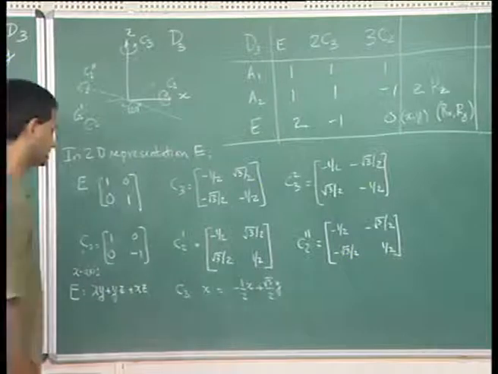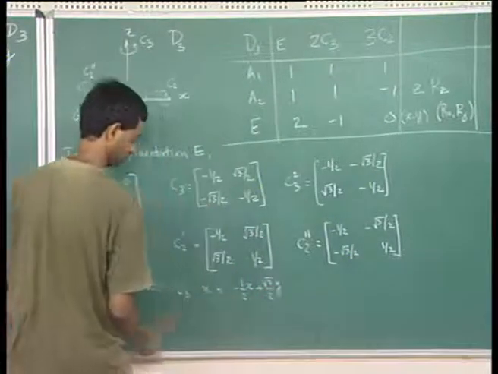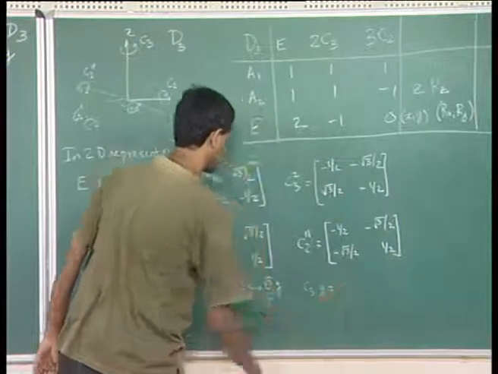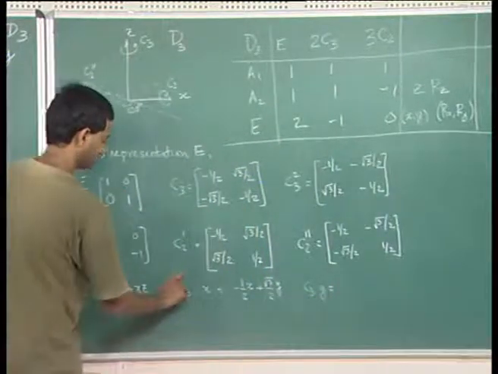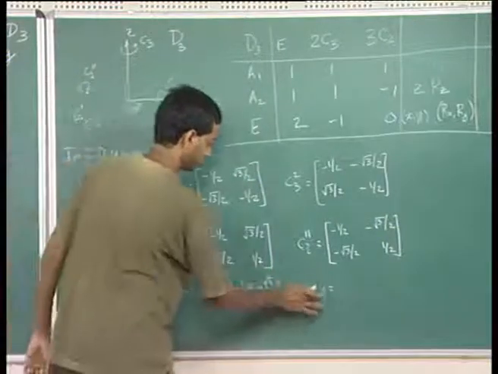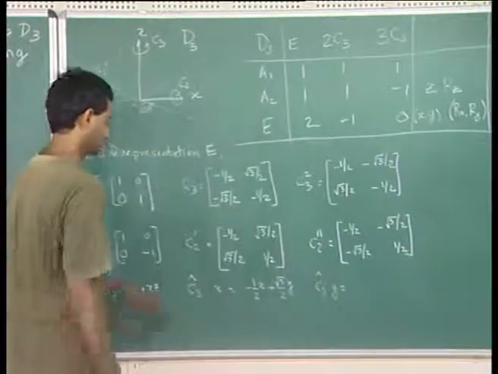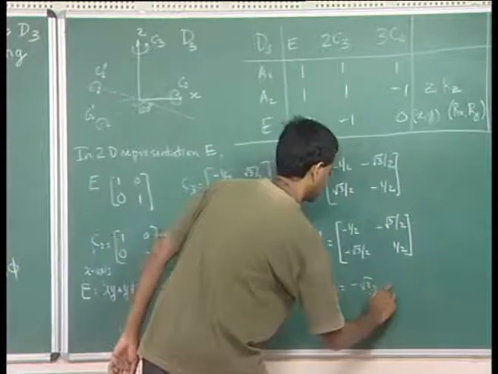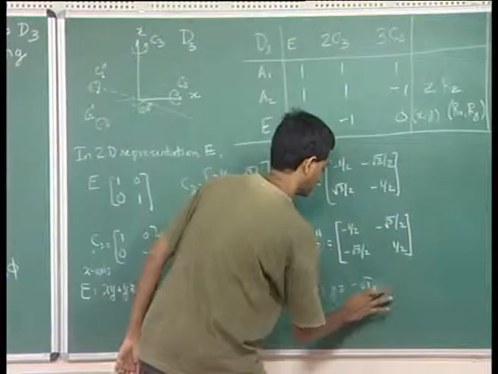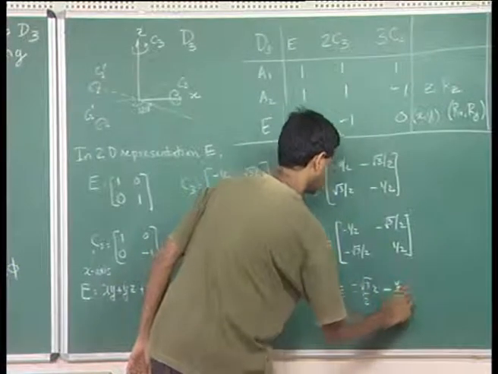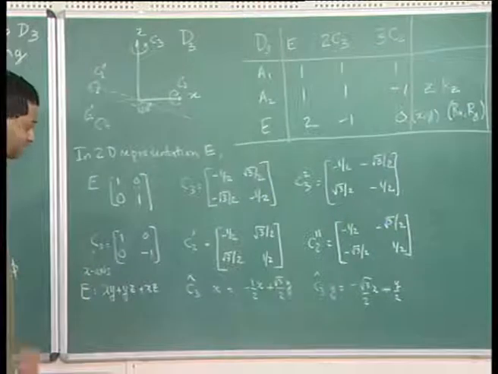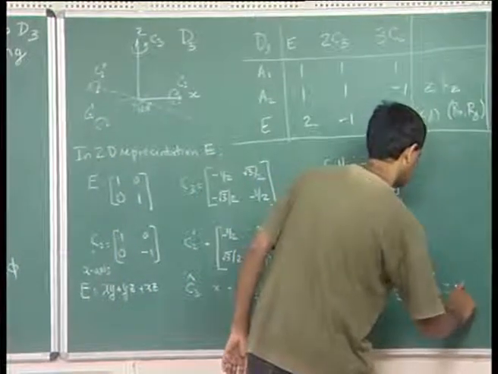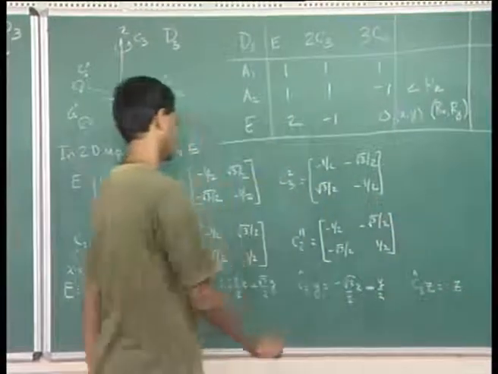When C3 acts on Y, you can see from here it is minus root 3 by 2 X plus or minus Y by 2. When C3 operates on Z, you just get Z.